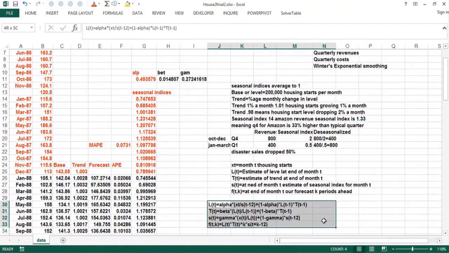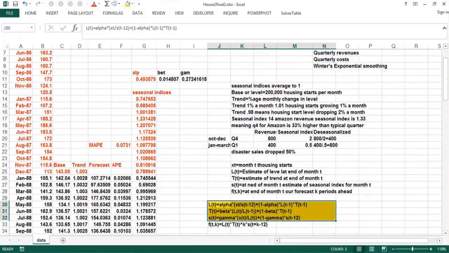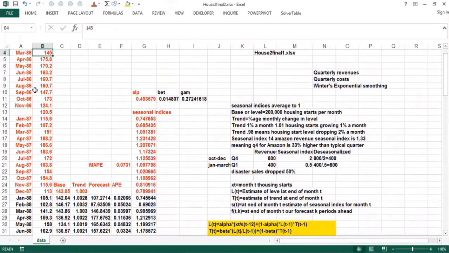In other words, these equations. And we can find the alpha, beta, and gamma that give the best forecast from the standpoint of average absolute percentage error.